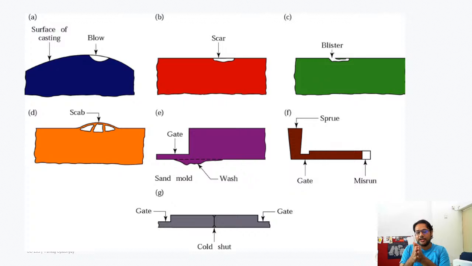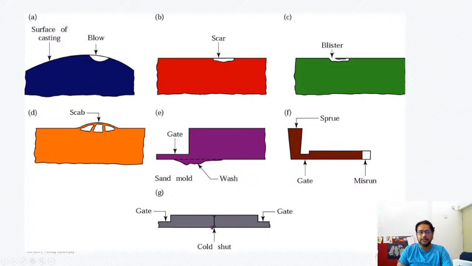At that point, if the molten material is not sufficiently hot, then they'll not entirely merge together, and there'll be a line which you can see, and this is called a cold shut. In plastics, in injection molding, it's called a weld line, W-E-L-D, weld line, or in case of casting, this defect is called a cold shut.